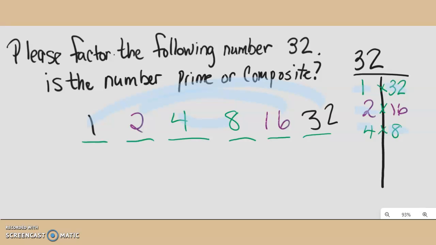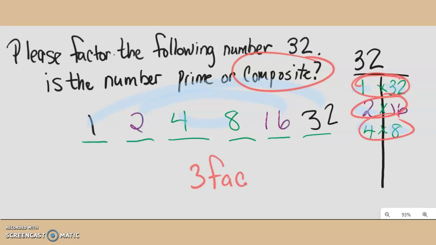Now we have to decide, is 32 prime or composite? Well, it's going to be composite because we have 1, 2, 3 factor pairs. So that makes it composite.